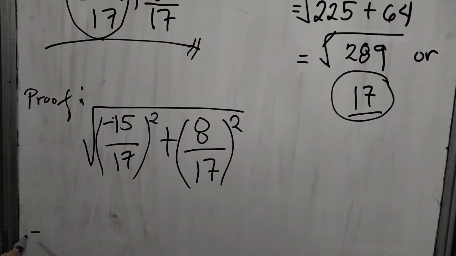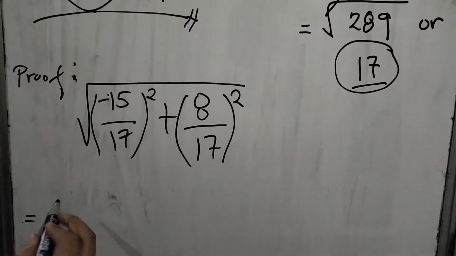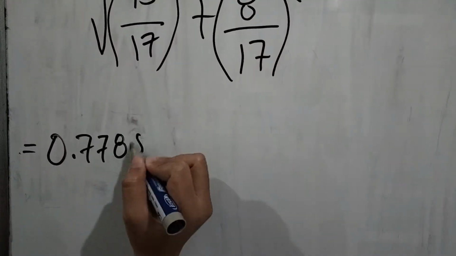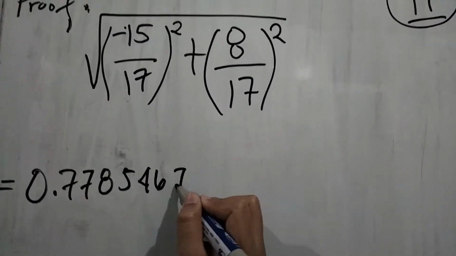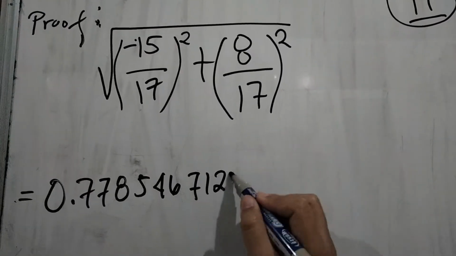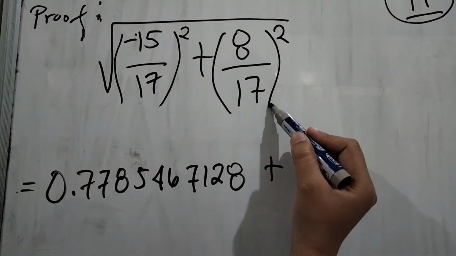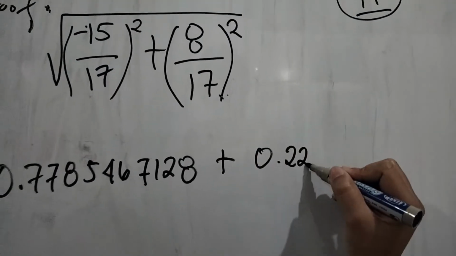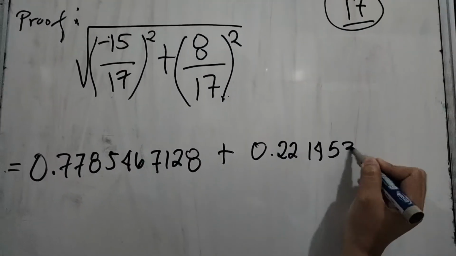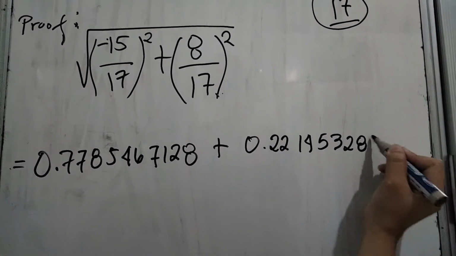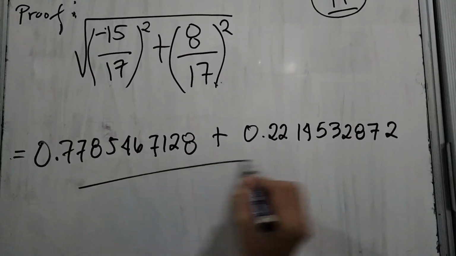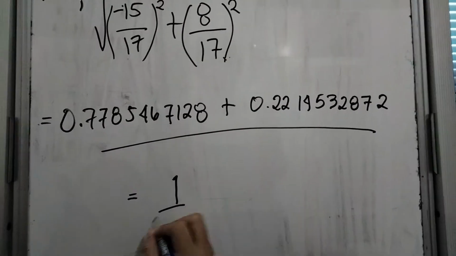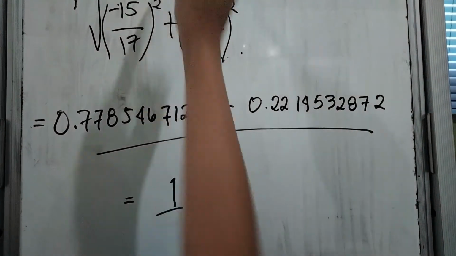So, yung equal na ito, pag sa decimal is 0.7785467128 plus yung value nito, which is 0.2214532872. So, pag pinag-add mo silang dalawa, yung makukuha mong result is 1. So, na-prove mo na yung sagot natin dito is tama.